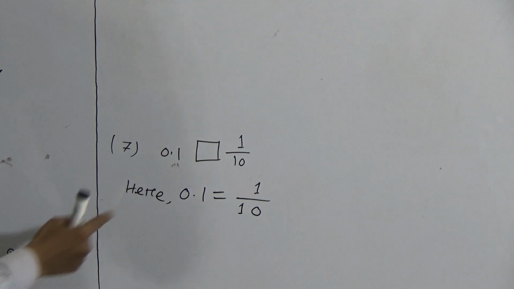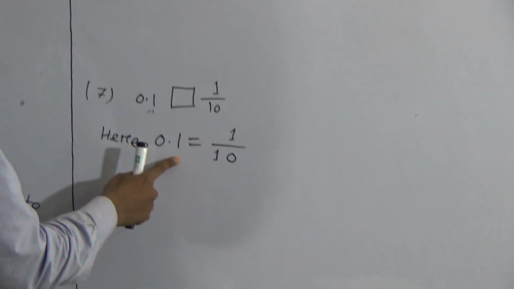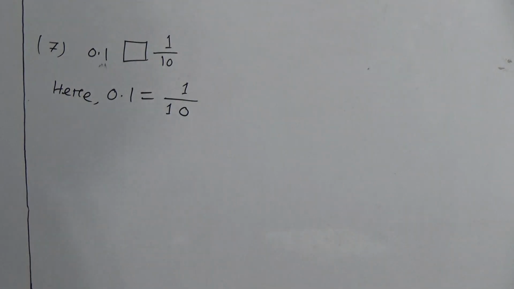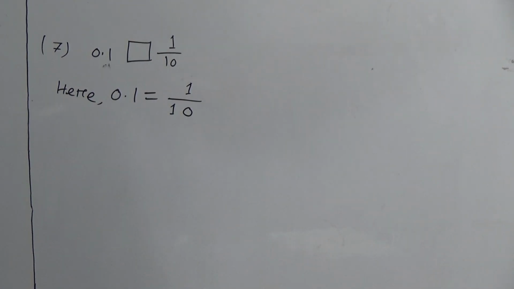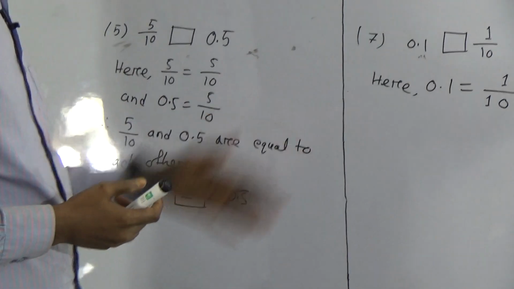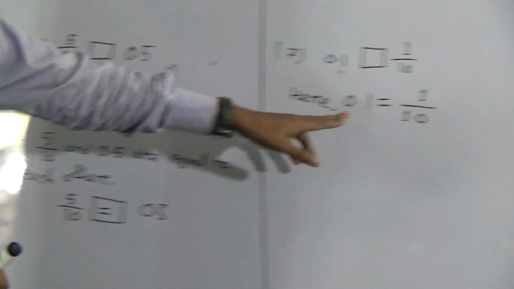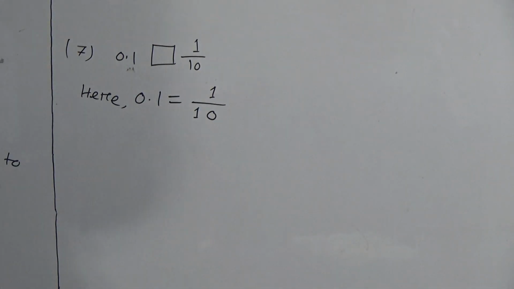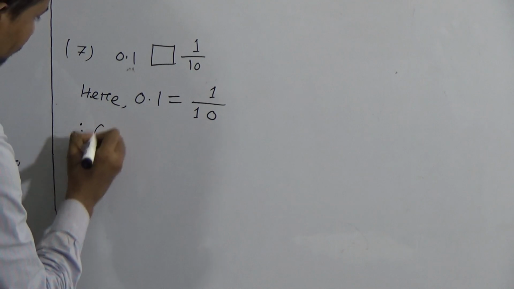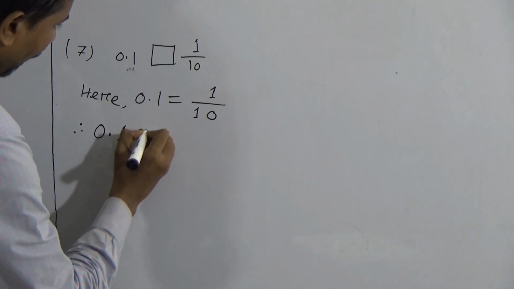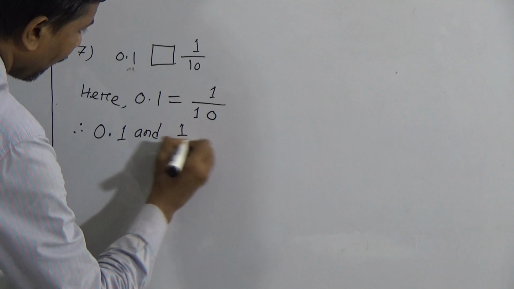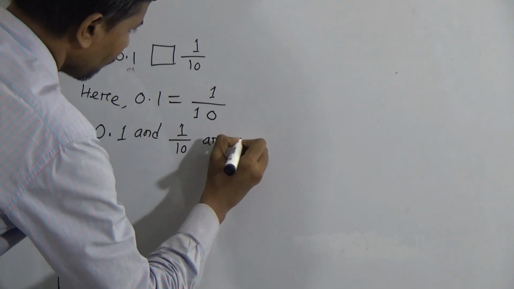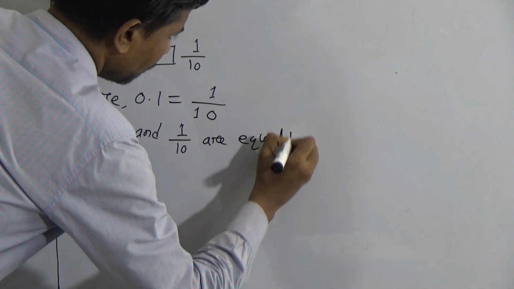Now see, 0.1 is equal to 1 by 10. You see, this is also 1 by 10. But our question is which is larger? There is no larger here, all are equal. Between 0.1 and 1 by 10, they are equal. Therefore write 0.1 and 1 by 10 are equal to each other.